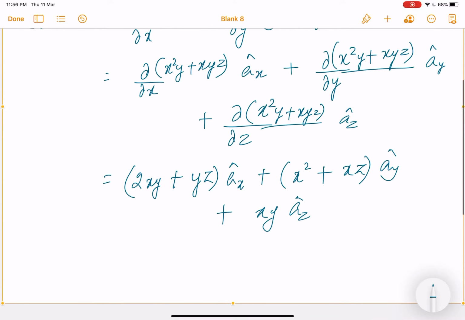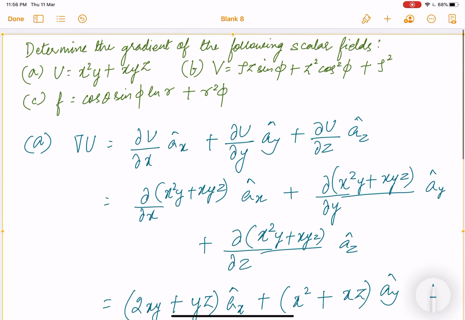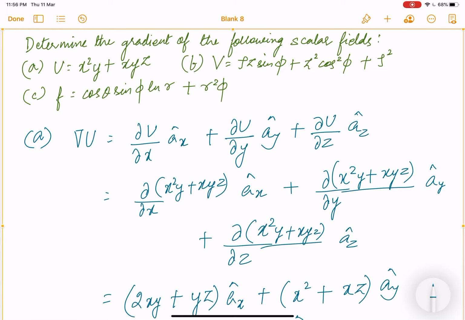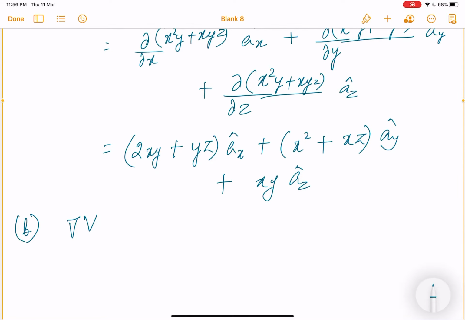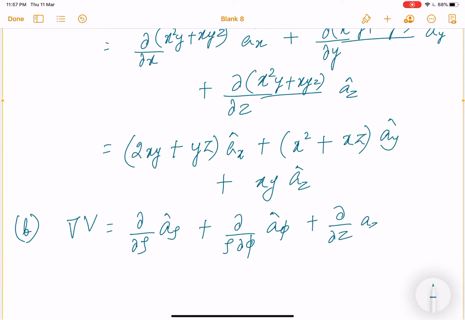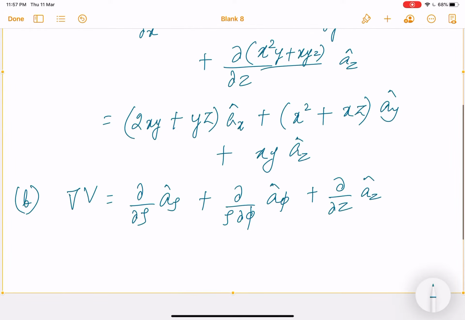The next bit is given in cylindrical coordinates. For cylindrical coordinates, how do you take out the gradient? It's like this: ∂/∂ρ a_ρ cap plus (1/ρ) ∂/∂φ a_φ cap plus ∂/∂z a_z cap. You just have to differentiate this.